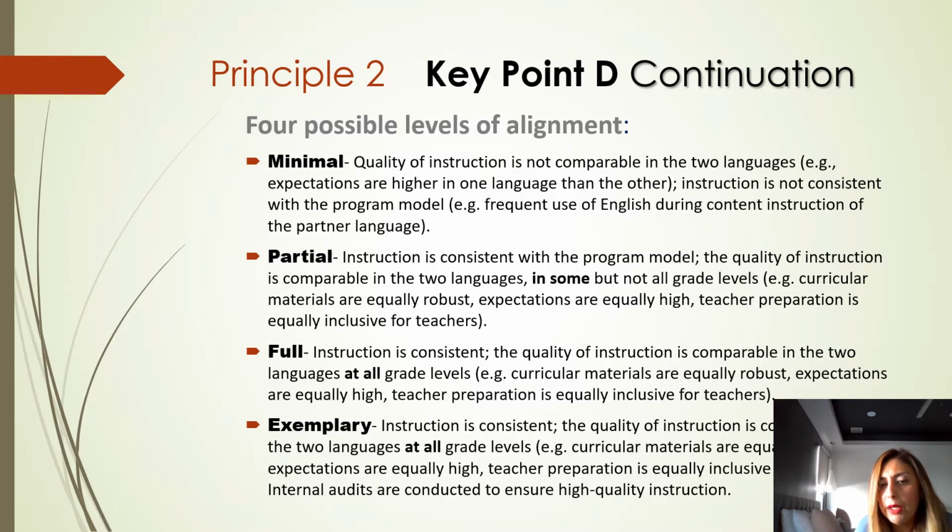And at the exemplary level, the instruction is consistent. The quality of instruction is comparable at all grade levels, and the curricular materials are equally robust, expectations are equally high, and teacher preparation is equally inclusive for all teachers. But at this point, there are internal audits being conducted to ensure that there's high quality instruction.